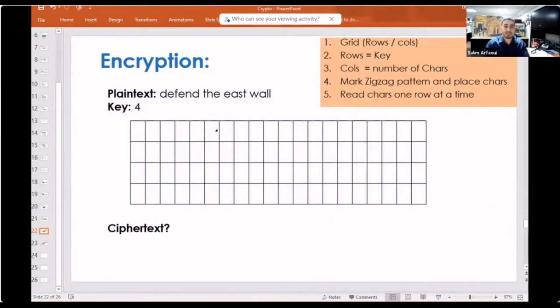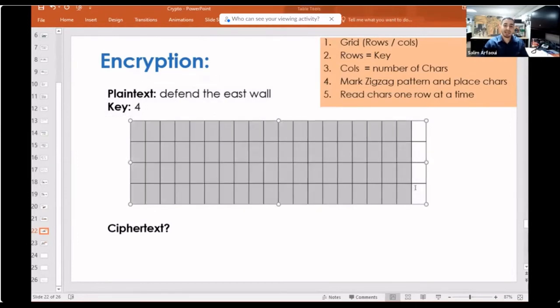The columns will be determined based on the number of characters in this plain text, so you can count your characters. And the number of rows in this grid is just based on the key value. So this is 4, it means we have 4 rows.